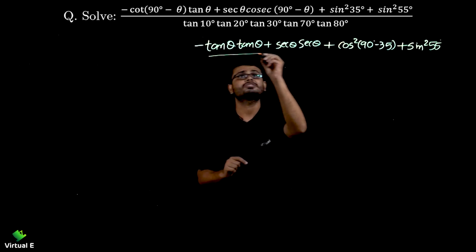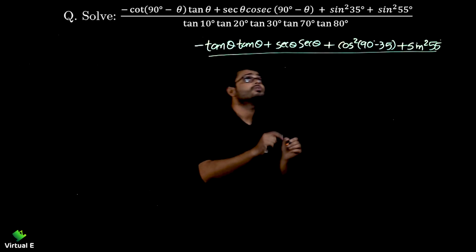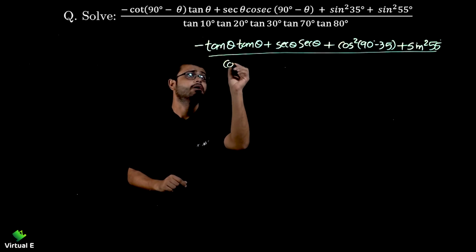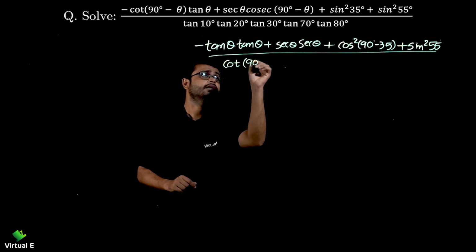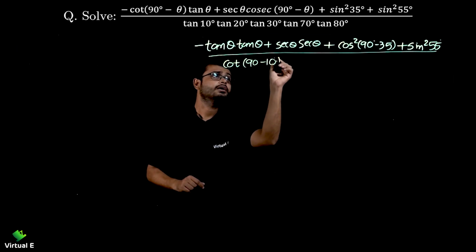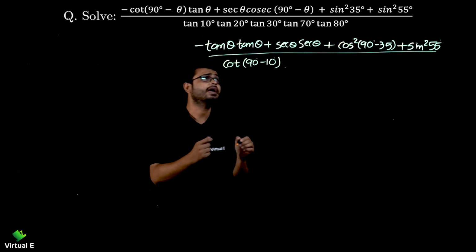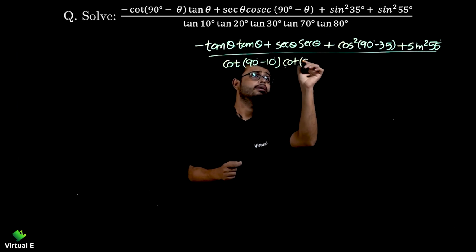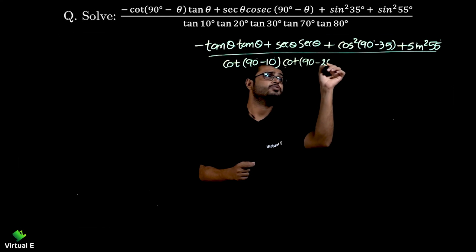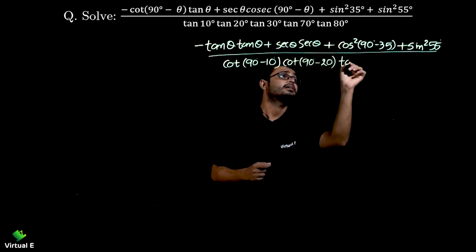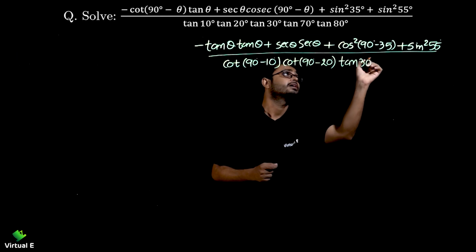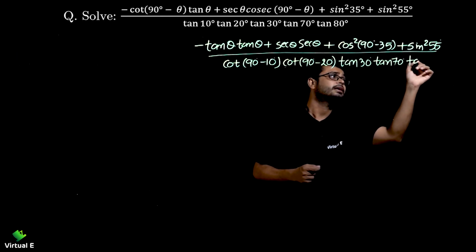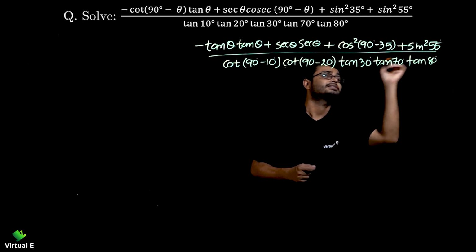Done? Now let's talk about the denominator. So denominator tan 10. Can I write here cot 90 minus 10 degree? Yes, because I am using the complementary angles concept. Then tan 20, I am going to write cot 90 degree minus 20 degree. Then tan 30 as it is, then tan 70 as it is, and tan 80 degree as it is.